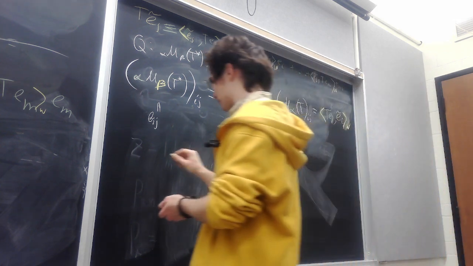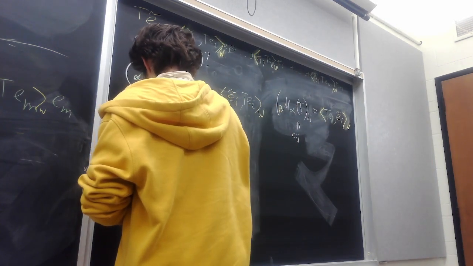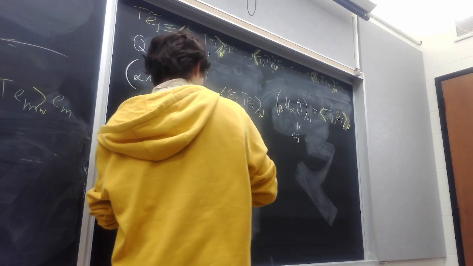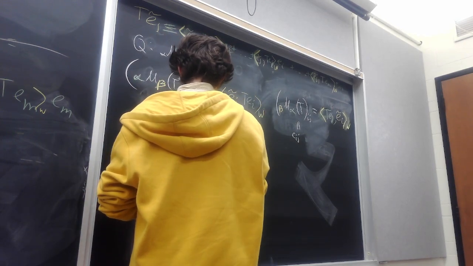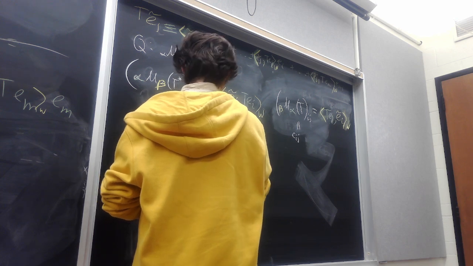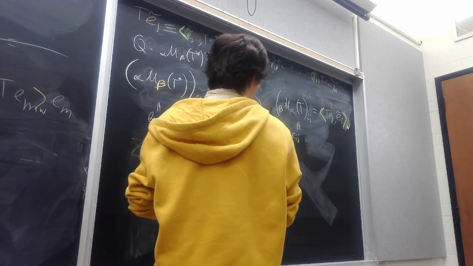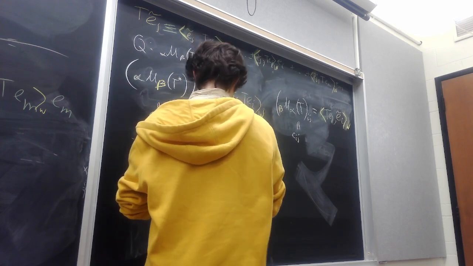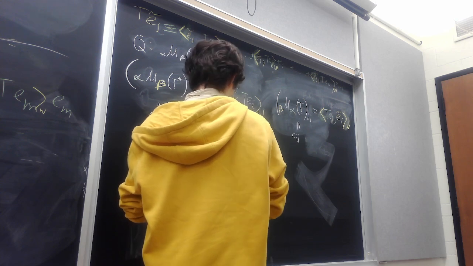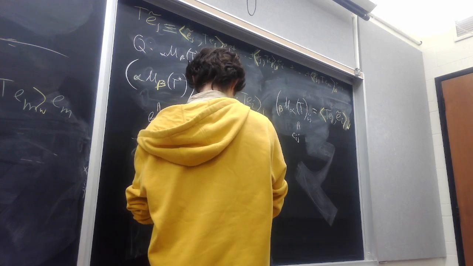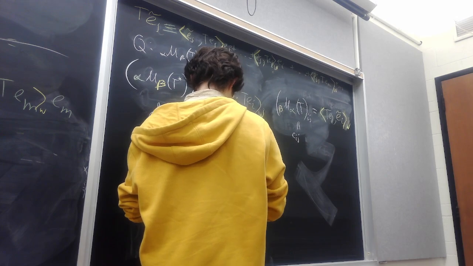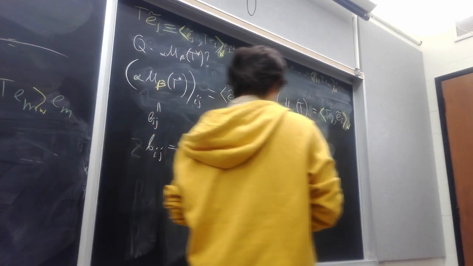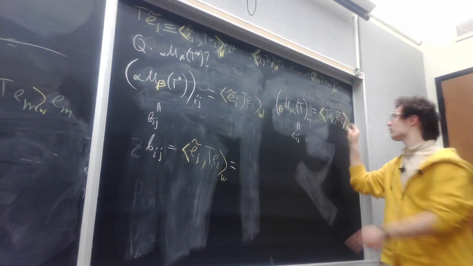Okay, so we're going to write Bij is equal to the inner product of Ej tilde with TEI, inner product in W. Now we want to take this and make it look like this.